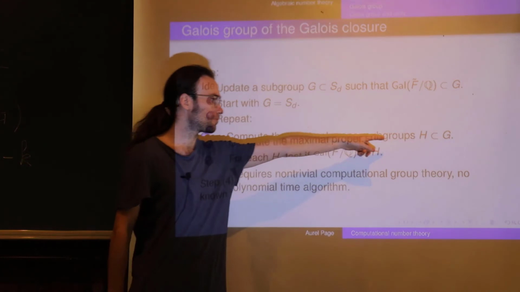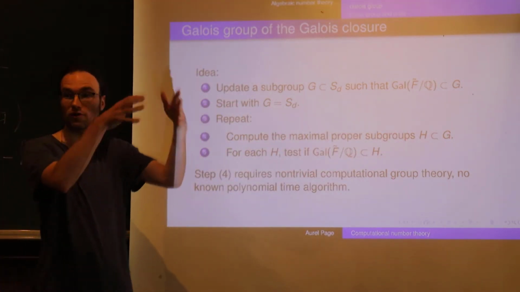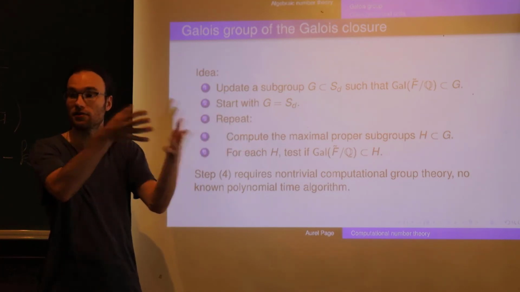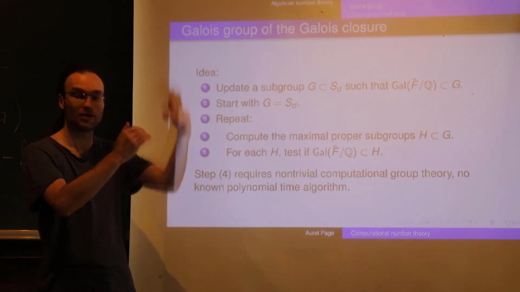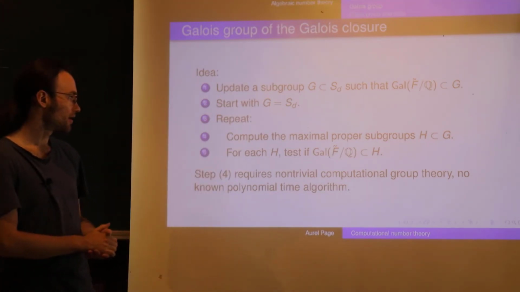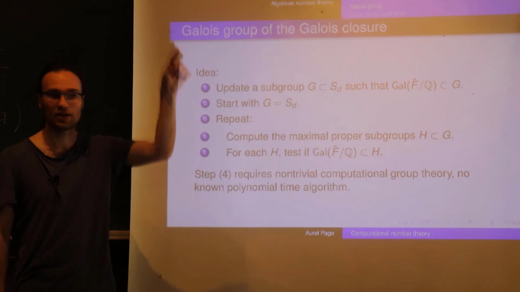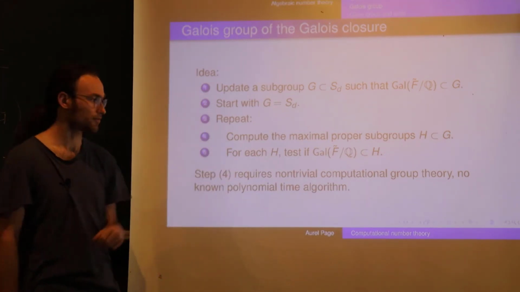Compute the maximal proper subgroups of G. So, we're in a finite group, so there are only finitely many subgroups that are maximal, so there's no intermediate one. And for each of these, we test if the Galois group is contained in that, and we go down like this.